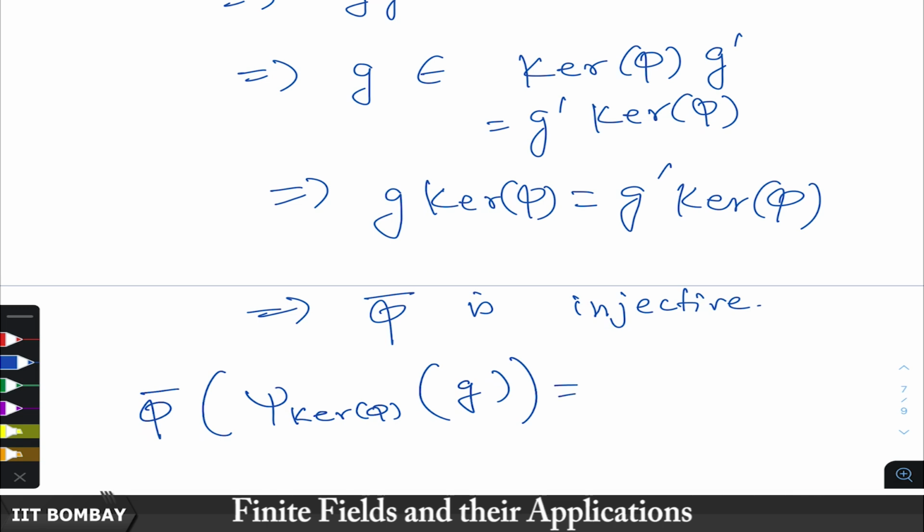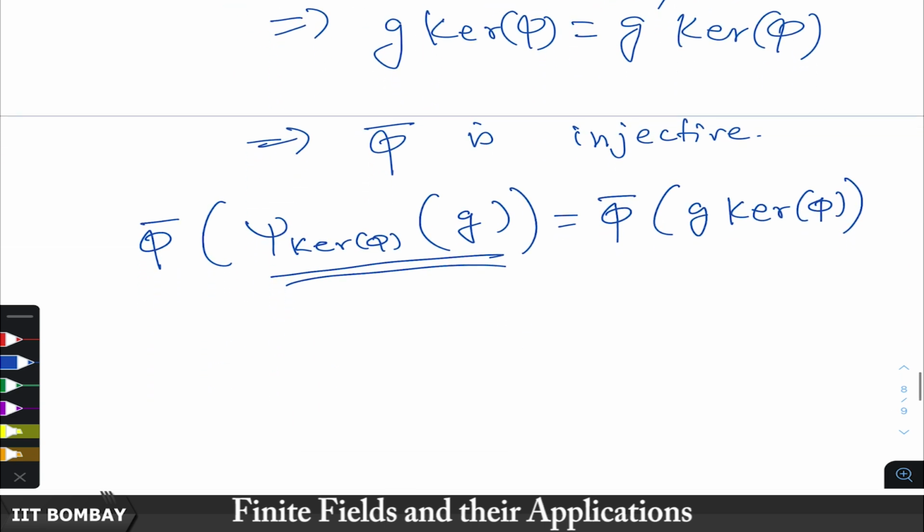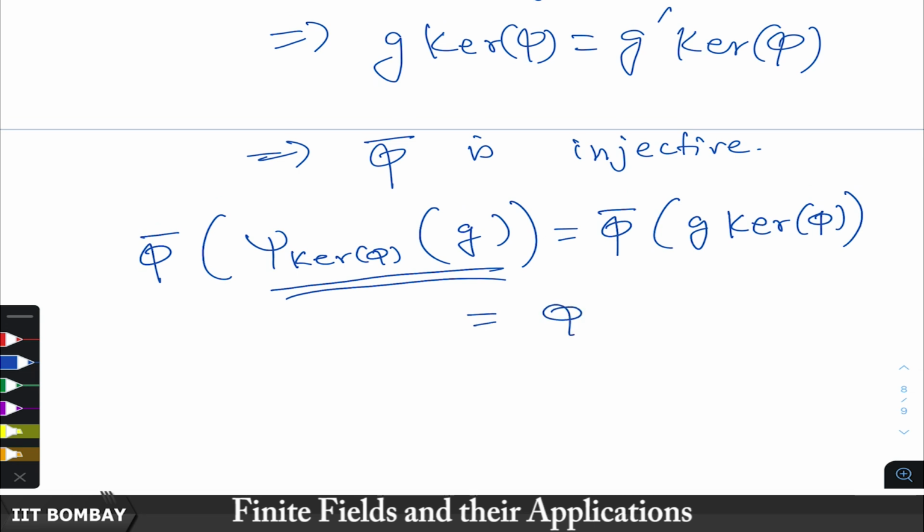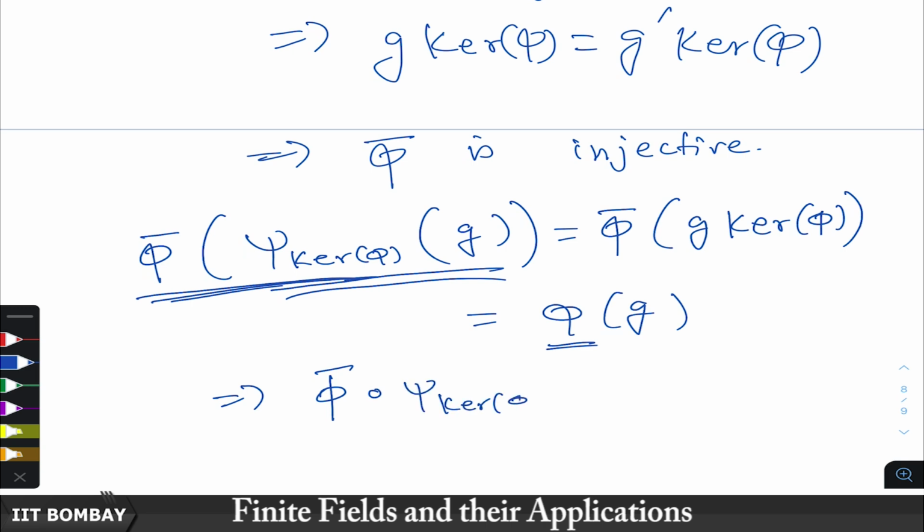So, what is this? psi is the canonical homomorphism, so this is phi bar of g kernel phi. And what is the definition of phi bar? It is equal to phi of g. So, this composition gives the same image as the image of phi. So, this says that phi bar composed with psi is the same as phi.